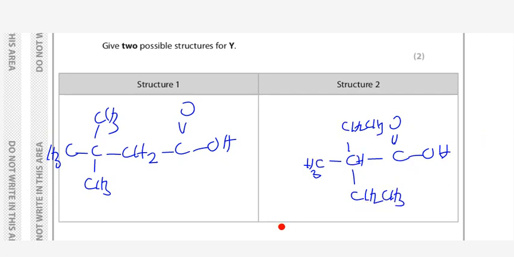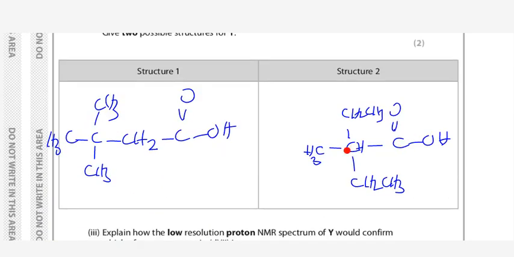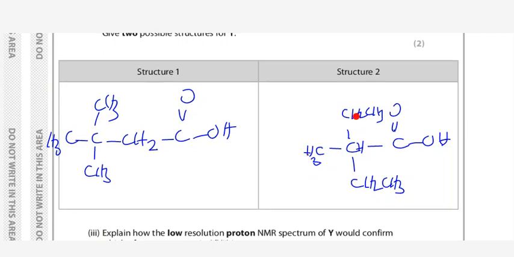We have 5 peaks here. This is wrong. It should be 4 peaks, but we get 5. Trial and error: try another one and see.